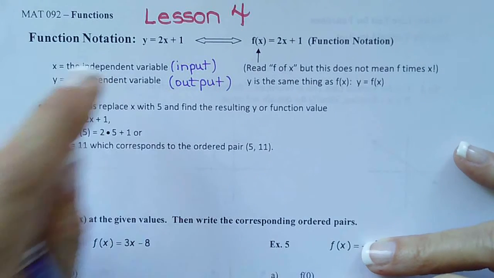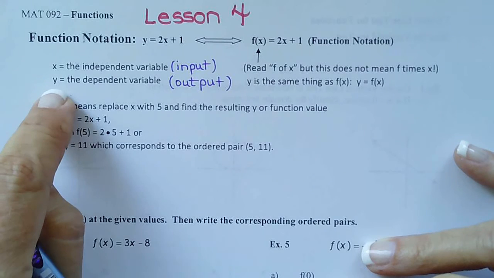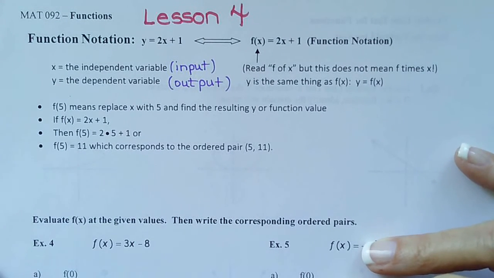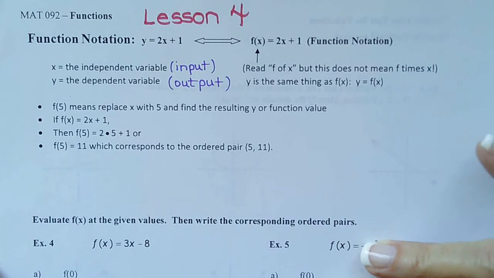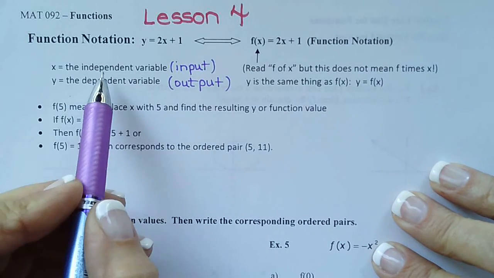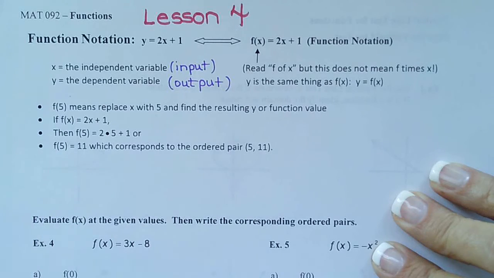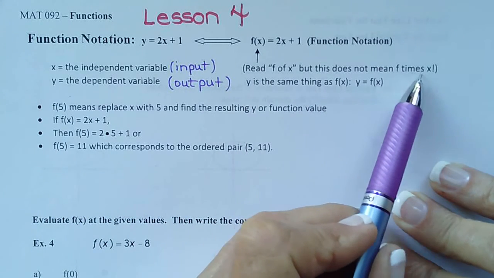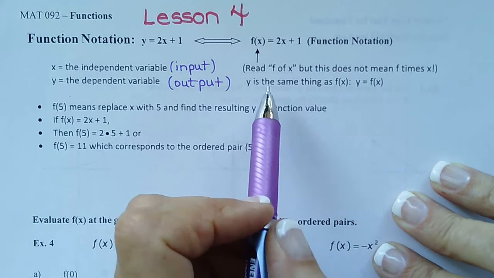That's called being independent. But y depended on what x's you put in that t-table. So that's how I remember which one's which. You may be able to think of a better trick for you, but that's how you can keep them apart maybe.